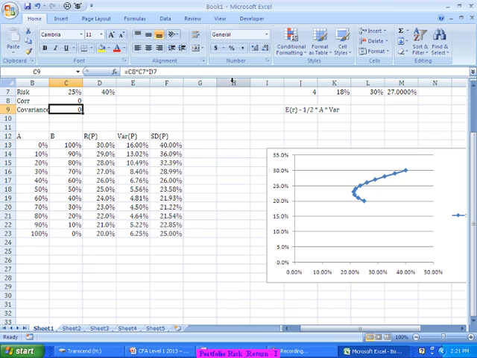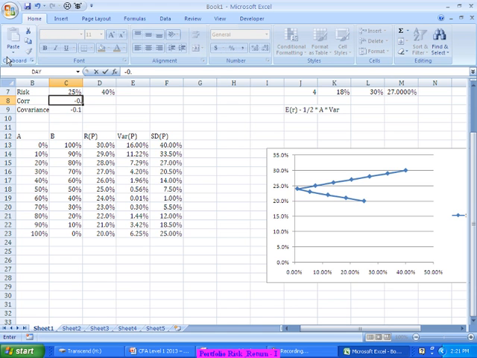Minimum variance frontier, right? And that keeps changing depending on the correlation that is existing. If the correlation is -1, it is even more, because the risk can be brought down drastically. It's almost to 0. So this is what we call a minimum variance frontier.